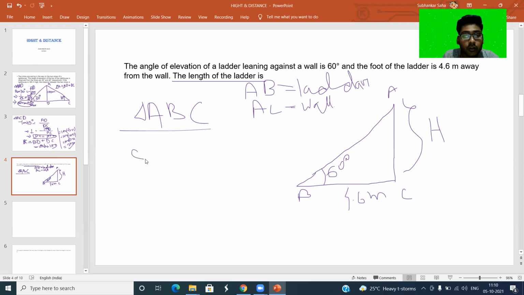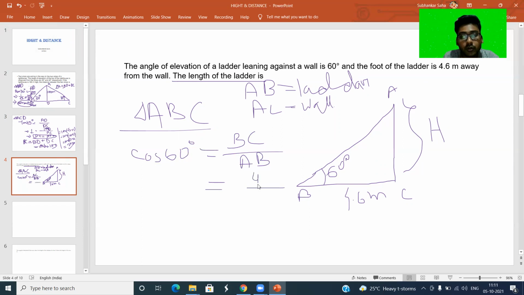If I take cos 60 degree, then BC is the base, and AB is the hypotenuse.